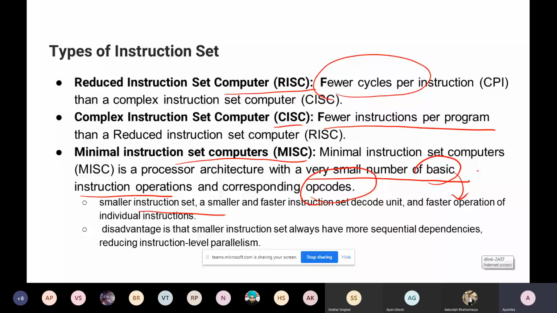When you go for instruction level parallelism, forget about it for now. You will understand it on your own. We will explain in detail what we mean by instruction level parallelism. As of now, understand that for RISC we require fewer cycles per instruction, for CISC we need fewer instructions per program, and in minimal instruction set we have chosen a few basic instruction operations.